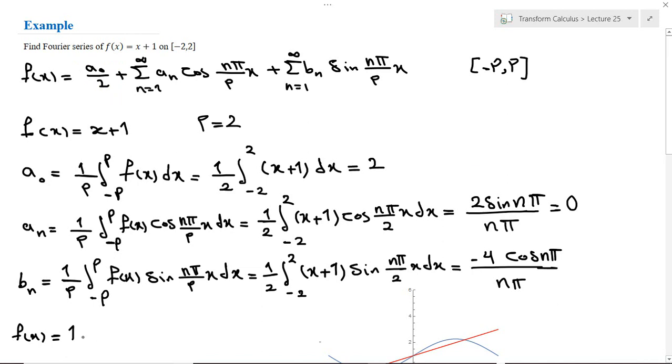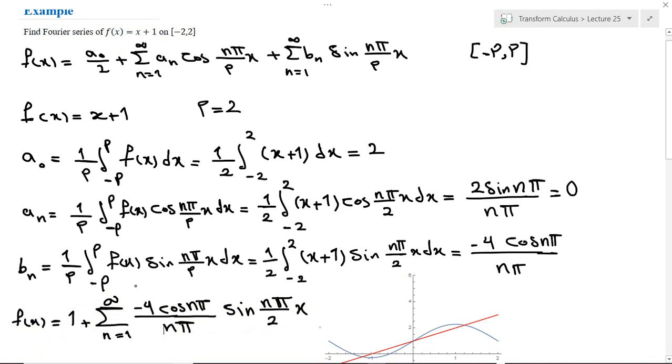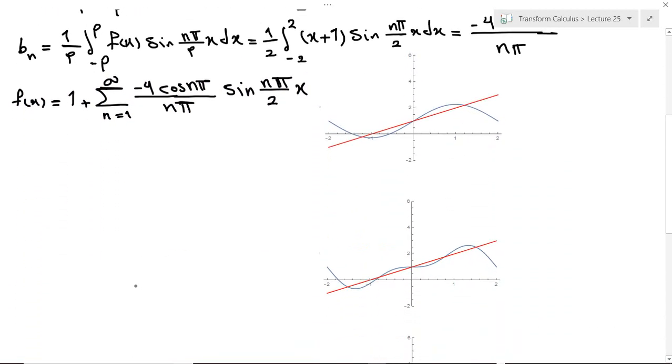An is equal to 0, plus the summation of bn, where bn is minus 4 cosine(n pi) divided by n pi, times sine(n pi over p x). So since p is 2, it's sine(n pi over 2 x). So we could find the Fourier series of this function, n from 1 to infinity.